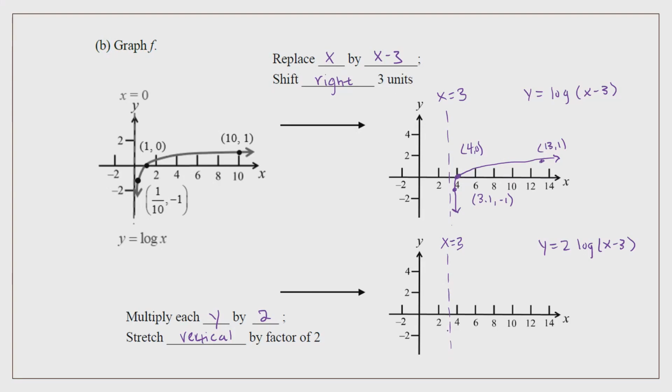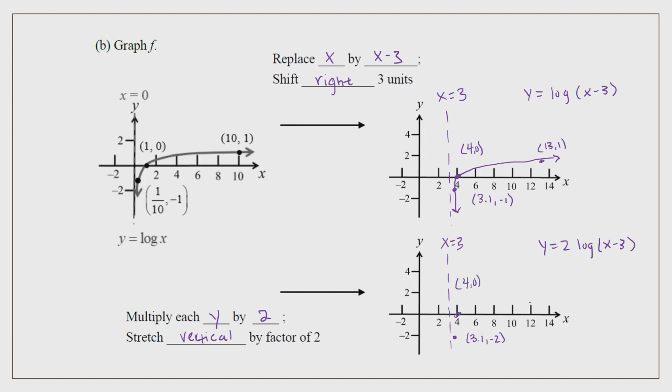Okay, so now our point 3.1, negative 1 is now going to be 3.1, negative 2. Our point 4, 0 stretched vertically is going to be 4, 0, so that doesn't change.